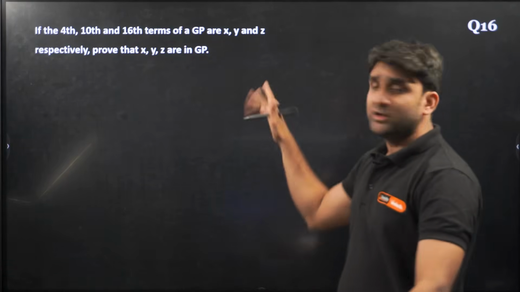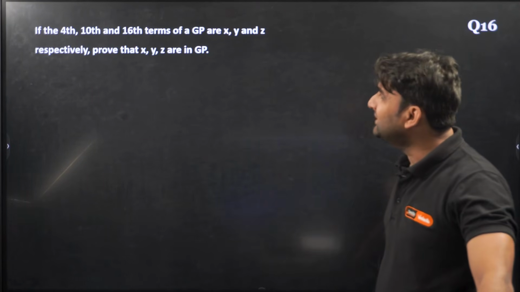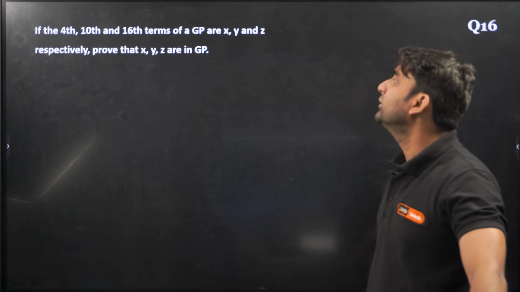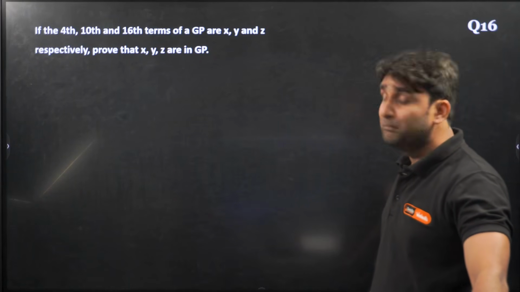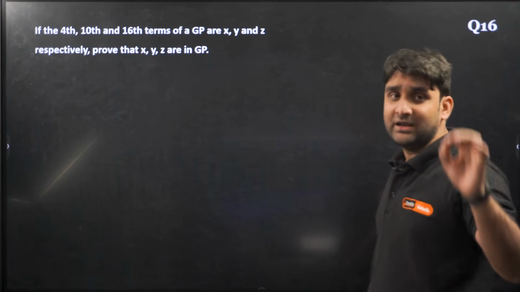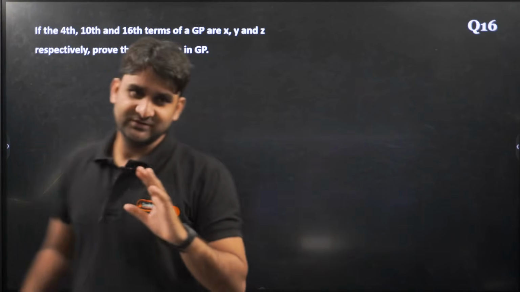So please read the question carefully first. The question is, if 4th, 10th and 16th terms of a GP are X, Y and Z respectively, prove that X, Y, Z are also in GP. Okay, very easy.